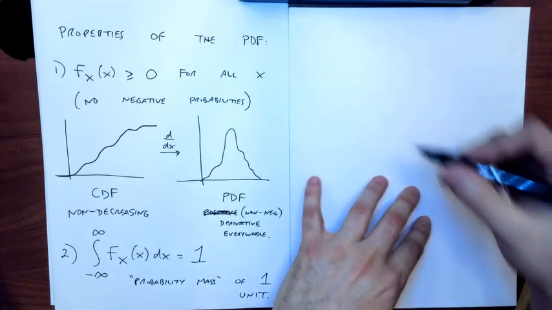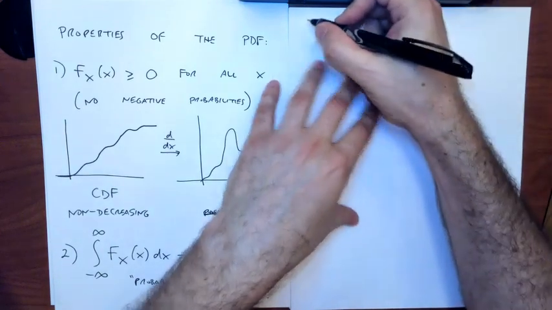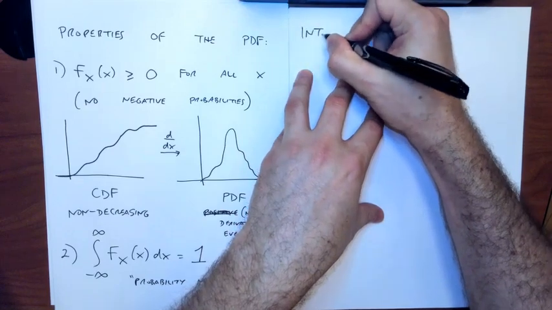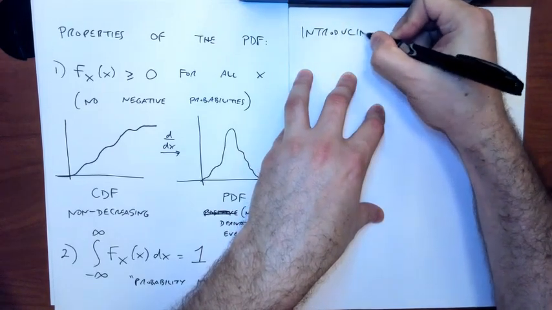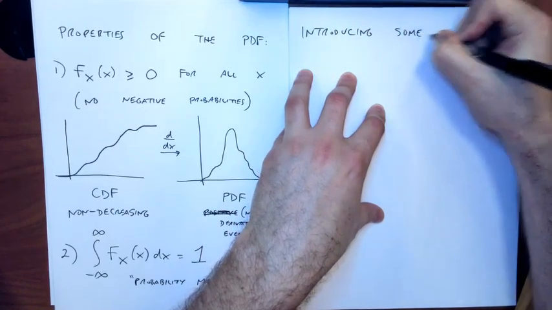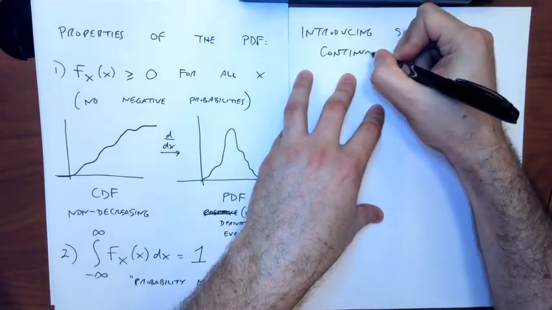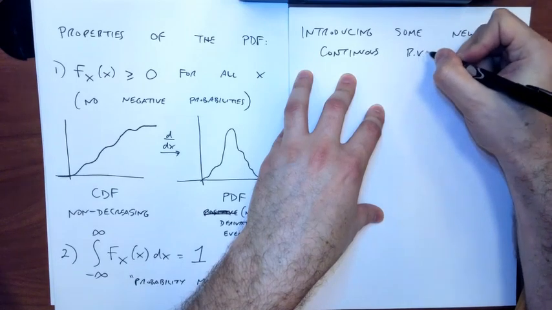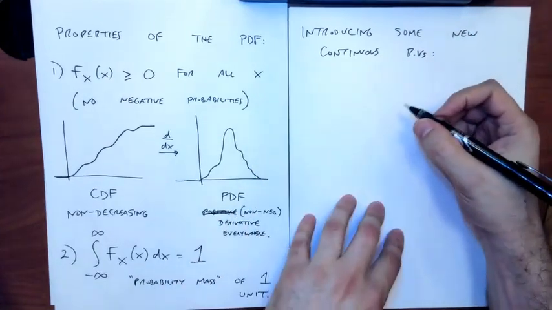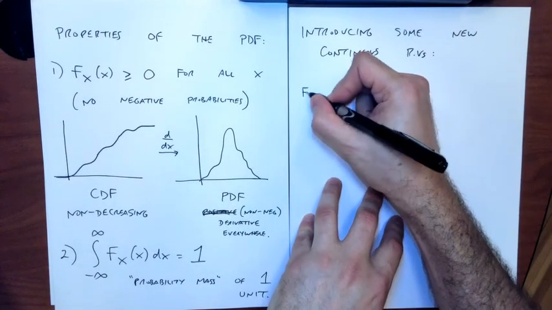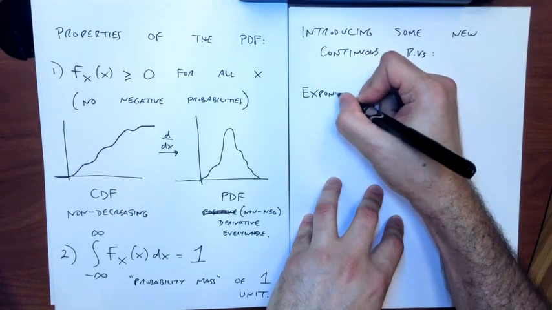So let's introduce some new continuous random variables. Key one is called the exponential random variable.